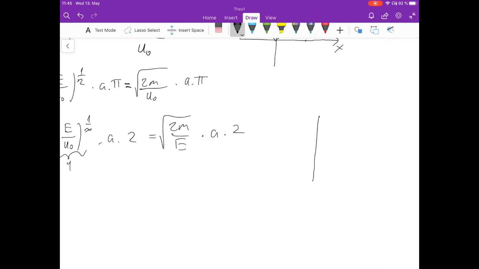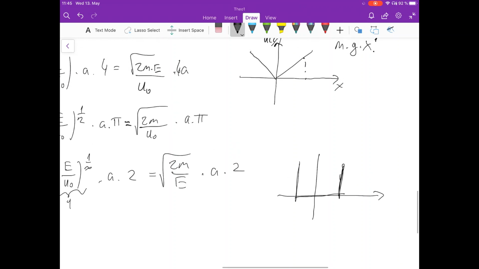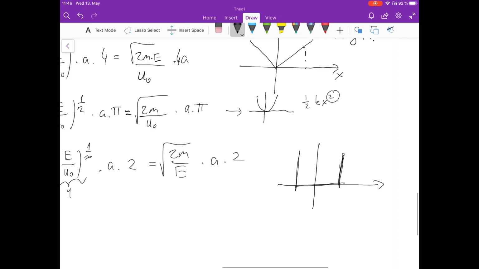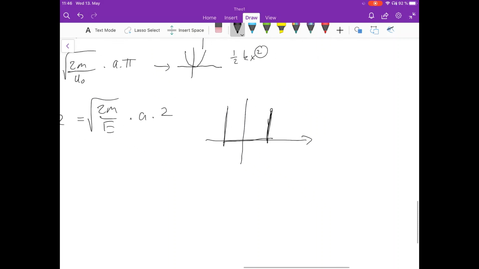And we can tell, as I drew it in the first hand, this looks something like this. And I also should have drawn it for n equals 2. It's going to be something like this. And an example for that, as I already told you, would be harmonic oscillation, and it's 1/2 kx squared.